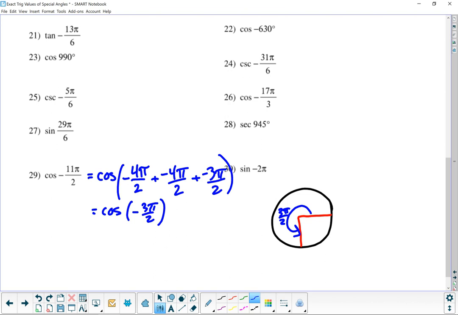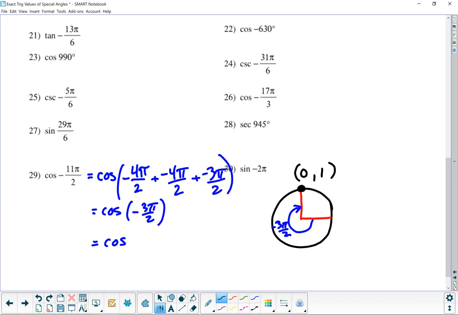But since we want negative 3 pi over 2, we've got to backtrack now. We want it up here. So that's going to be negative 3 pi over 2. And that's the same as 90 degrees. You can do 90 degrees or you could do this. It doesn't matter which one you do, just as long as you know this spot is what you're looking for.